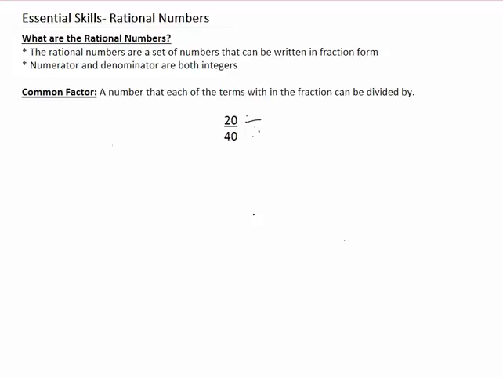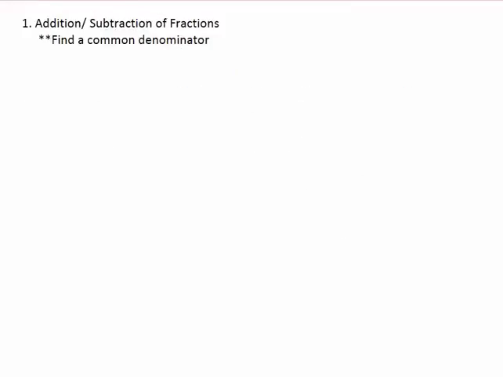You would divide both the numerator and the denominator by 20 to get your new reduced fraction, which is 1 over 2. And our greatest common factor in this situation was 20. This fraction is now written in simplified form, which is what you'll be expected to always have your answers in on a test.